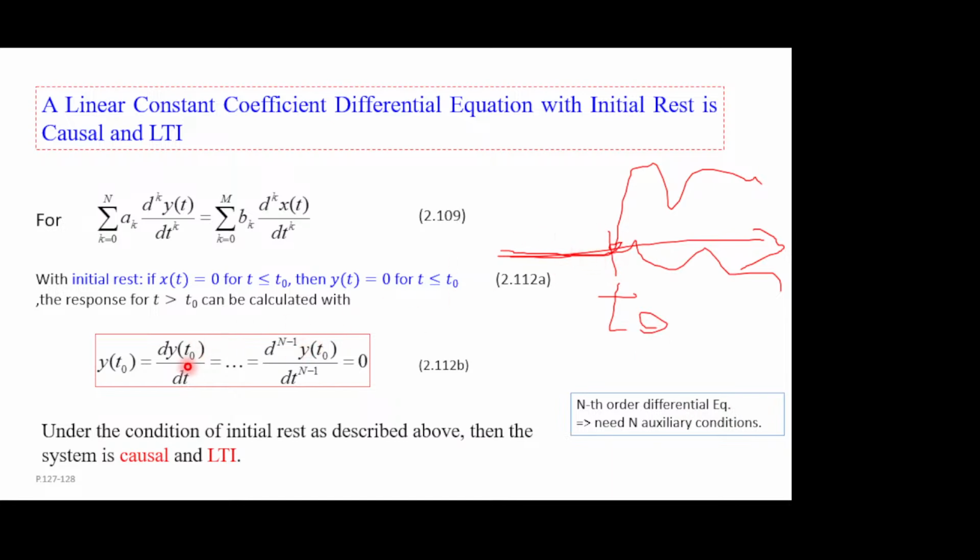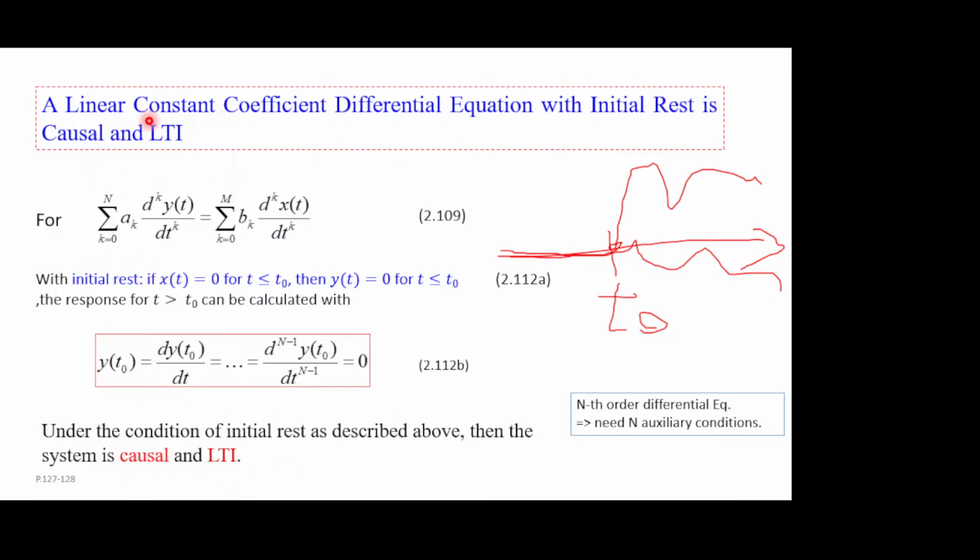For initial rest, that translates into y of t naught and dy/dt at t naught, and all the way to the (n minus 1)th derivative, those derivatives will all be 0, so it's quite smooth at the t naught point. And if the system is initial rest, then we proved that it will be causal and LTI.